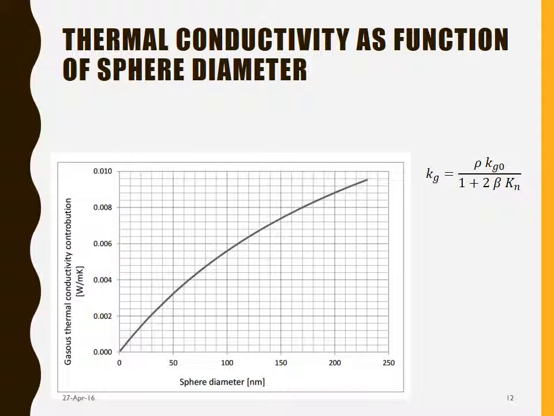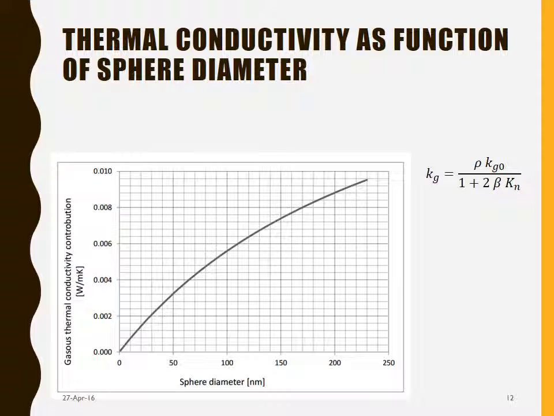This is a graph of thermal conductivity versus sphere diameter for silica particles. Now we know that as the diameter decreases, the thermal conductivity of the gas decreases. The formula for calculating it is given over here, where kg is the thermal conductivity of the gas, kg naught is the thermal conductivity of the gas at ambient conditions, rho is the porosity, Kn is the Knudsen number, which is inversely proportional to the diameter of the sphere.